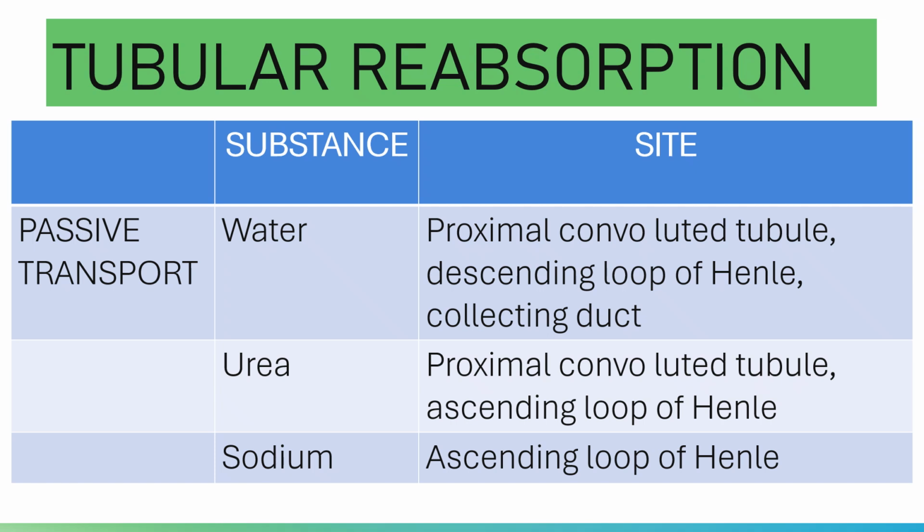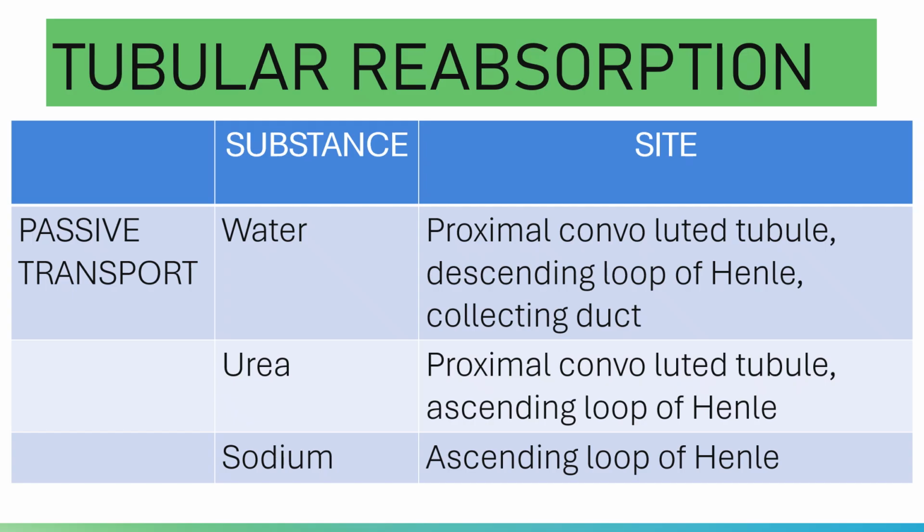At the U-turn and thin ascending limb, sodium, chloride, and urea are passively reabsorbed. At the thick ascending limb, urea is passively reabsorbed.